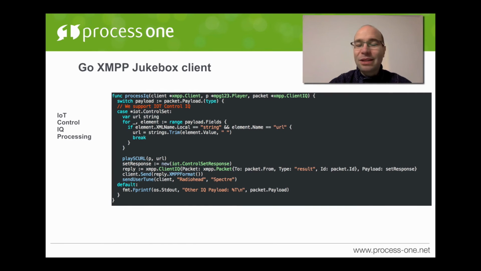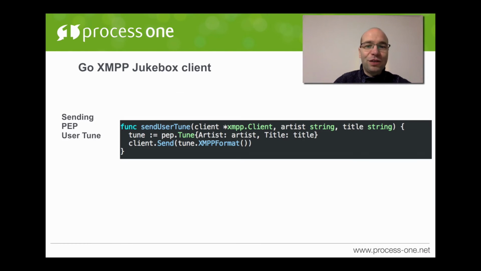We will be sending the response to that IQ, to tell the client that we have received the order and we are currently playing the song, and we will send that user tune PEP, personal event protocol packet as well.